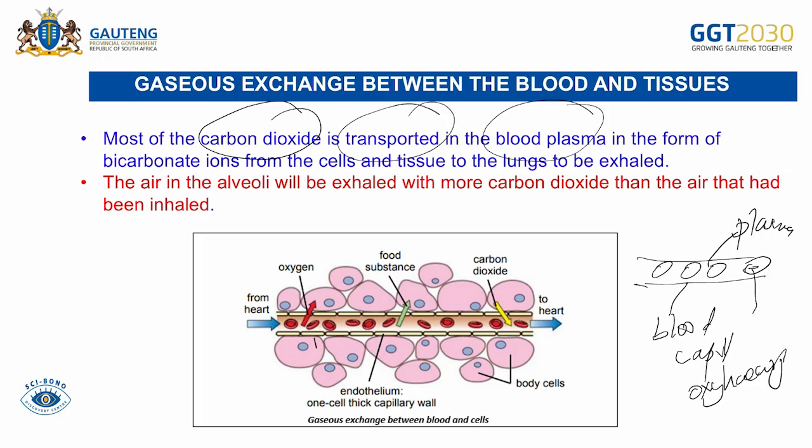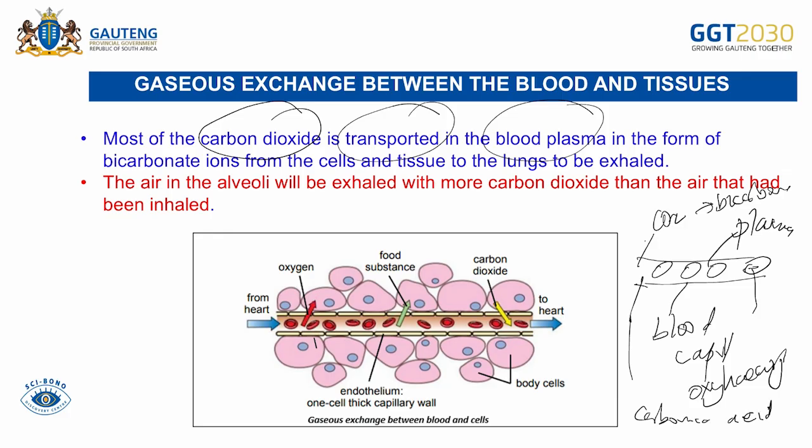Carbon dioxide is going to be carried in the form of sodium bicarbonate. That's what makes our blood alkaline. So carbon dioxide is carried in the form of bicarbonate ions. Also, carbon dioxide dissolves in some of the plasma to form carbonic acid.